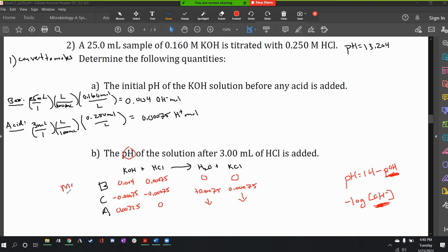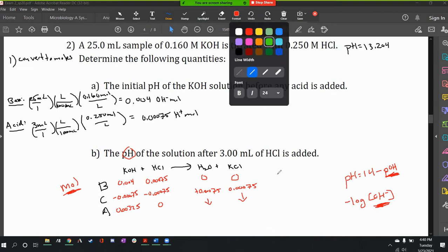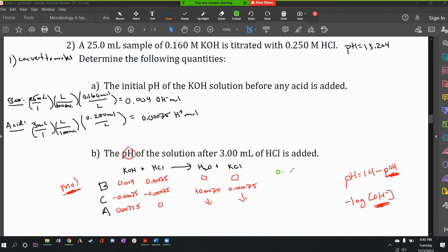We need to be careful with this. Remember that this chart always has to be done in moles, and your result is also in moles. It's not molarity until we divide that number of moles by the volume in liters. So we're going to take our moles of base, 0.00325 moles of base, divided by the number of liters present, in order to end up with a molarity that can then be plugged into our pOH equation.